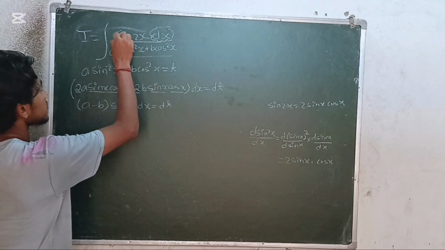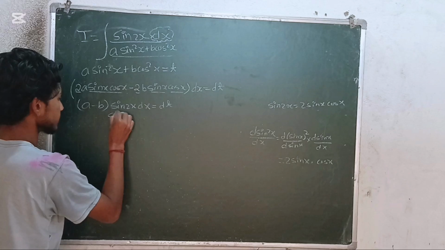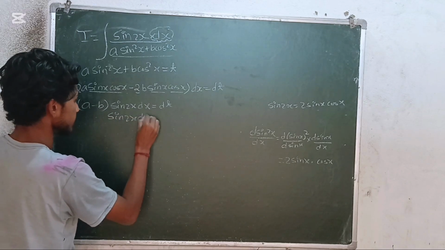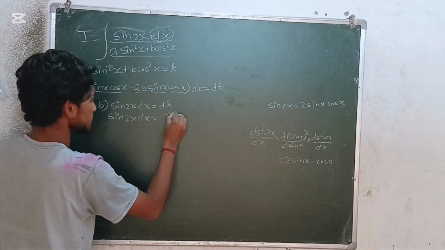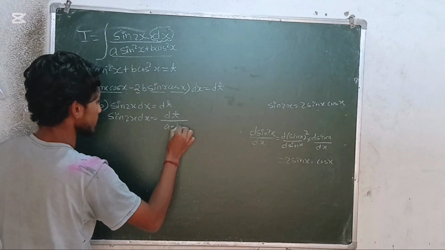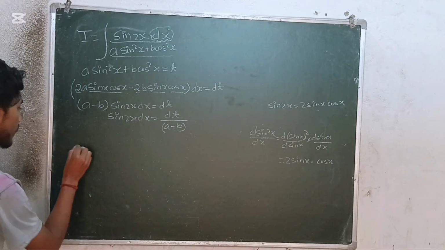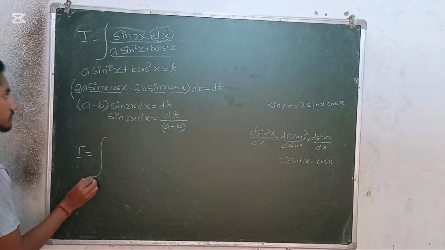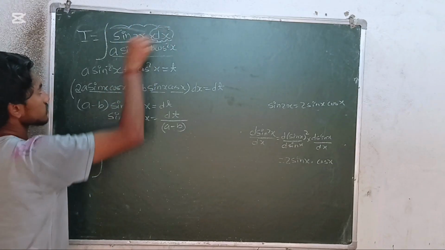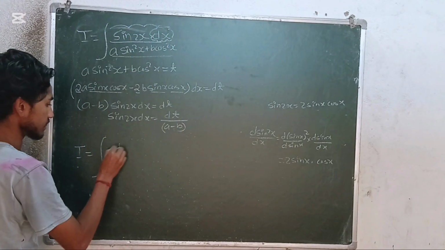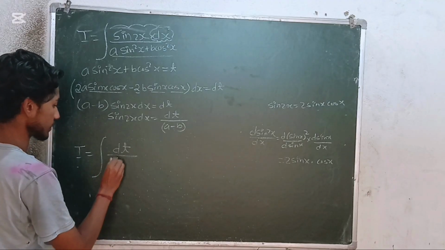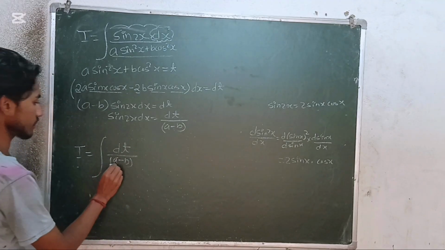So we can write sine 2x dx as dt over a minus b. Now our integral looks like this.